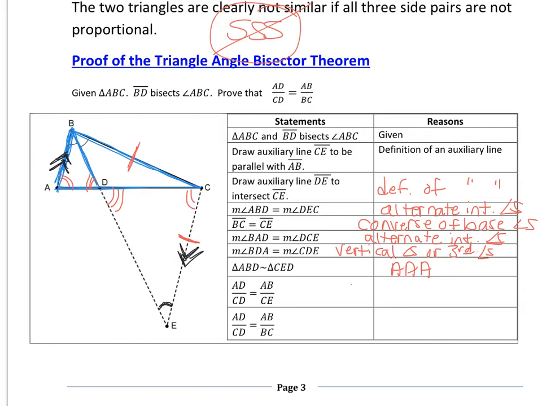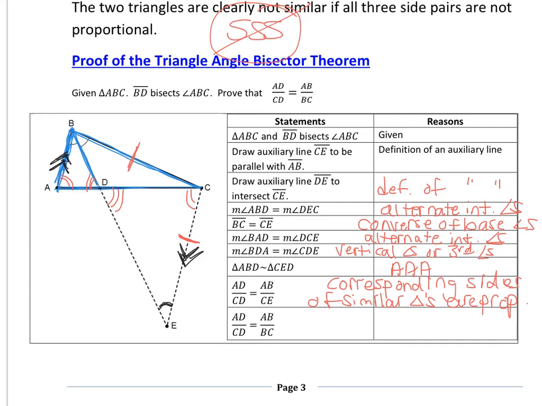Well, we can say corresponding sides of similar triangles are proportional. I'm going to have to abbreviate there.